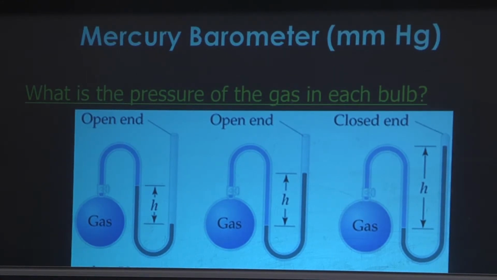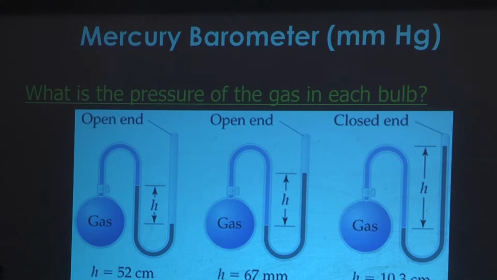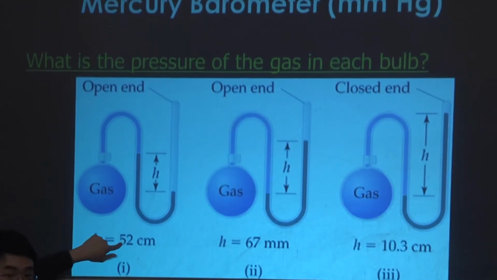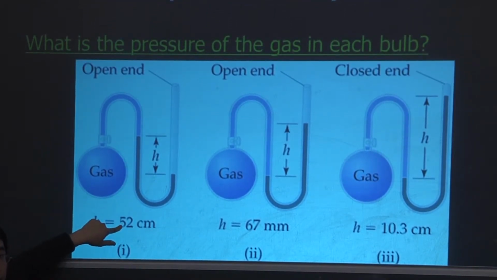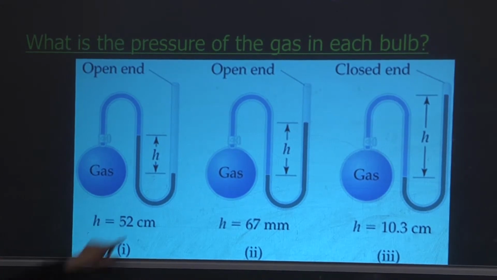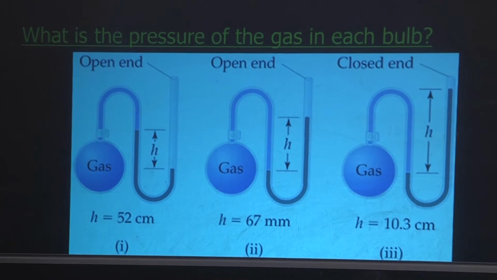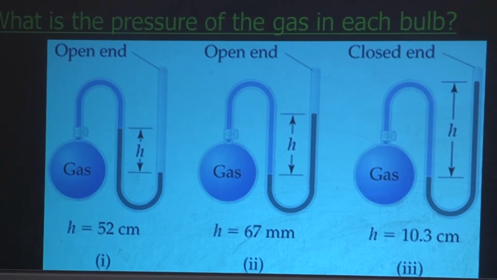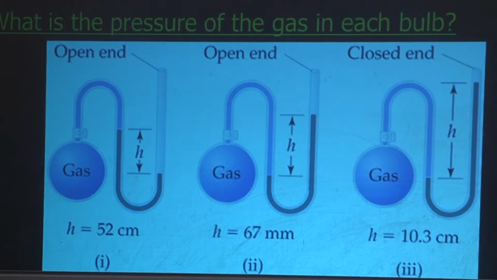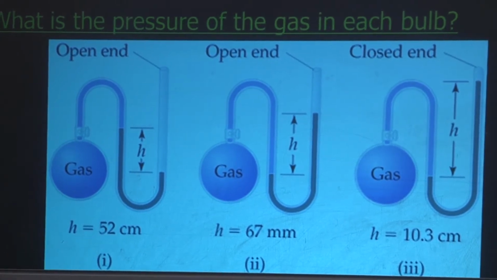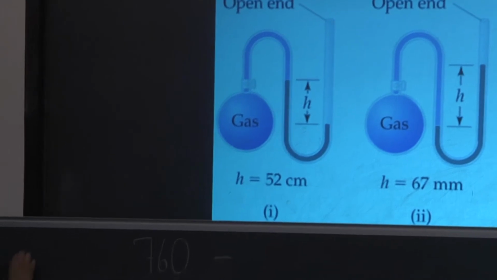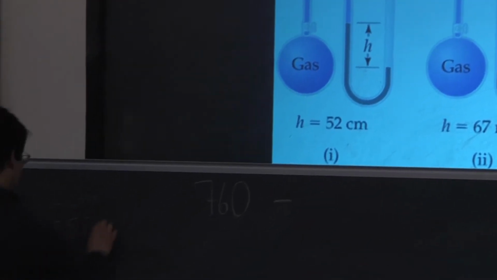It's winning by how much? Oh, we're supposed to do this. It's winning by 52 centimeters of mercury. So what's the pressure of the gas in the bulb? It's going to be 760 minus, well, this is centimeters, not millimeters. If we do the conversion, 52 centimeters equals 520 millimeters.